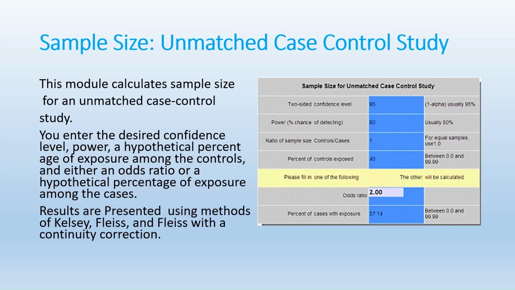The second scenario or study design is unmatched case control. This model calculates sample size for the unmatched case control study.